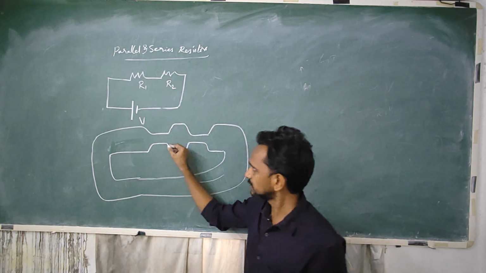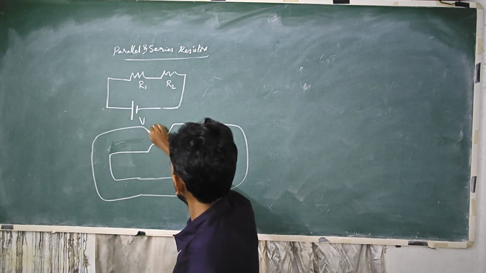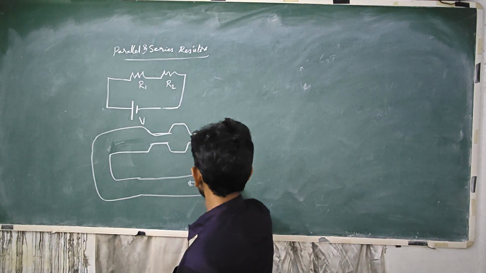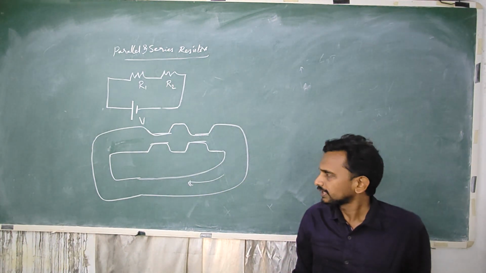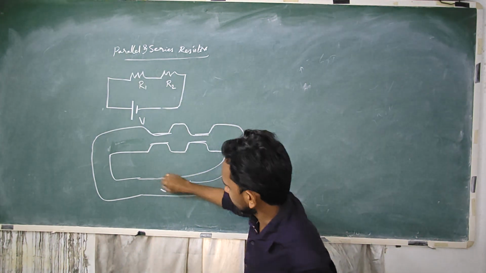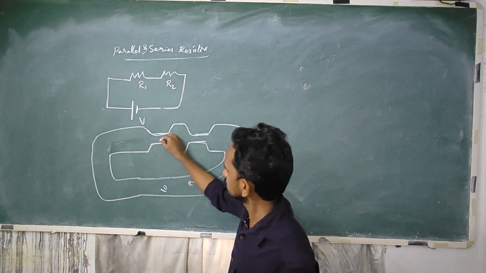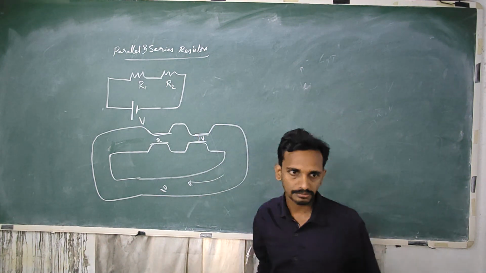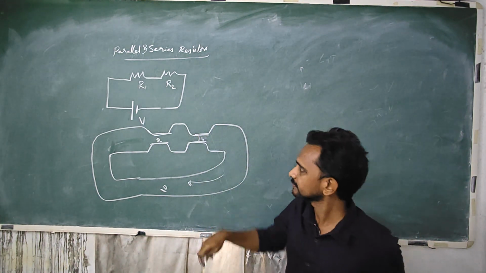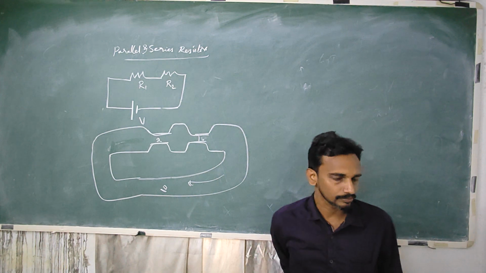On a highway there is a bottleneck, a traffic jam. Let's say this allows 10 vehicles at a time, here maybe 2 vehicles, and here only 1 vehicle at a time can travel in this narrow road.